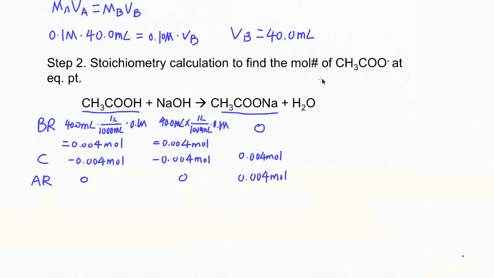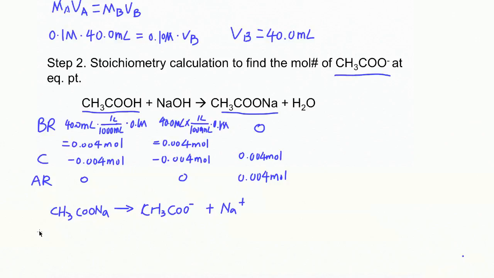But please remember, we are looking at the mole number of the acetate. Now we know the sodium acetate. How do we know the acetate's mole number? Here's the thing. Sodium acetate is a strong electrolyte. So when you dissolve that in water, it's going to give you acetate and sodium. 100% dissociation.